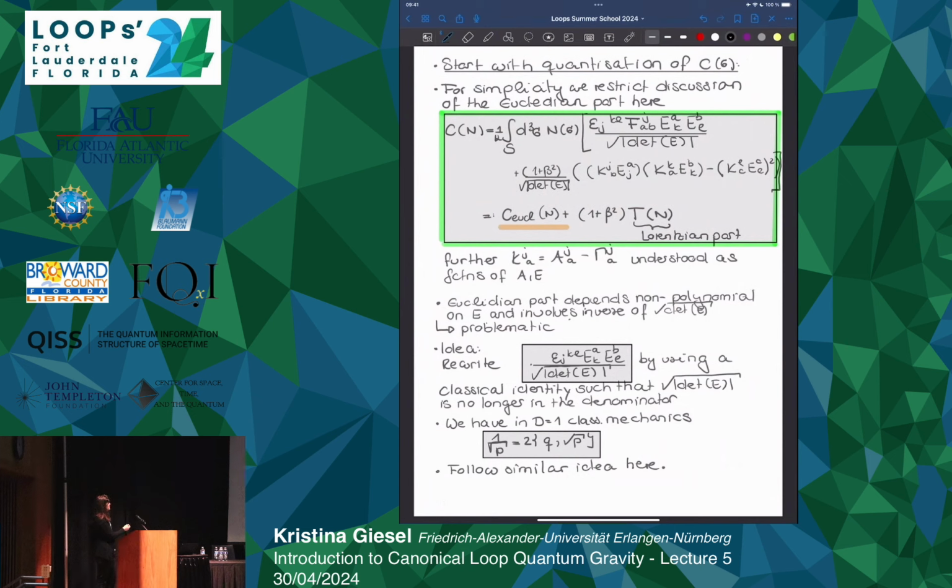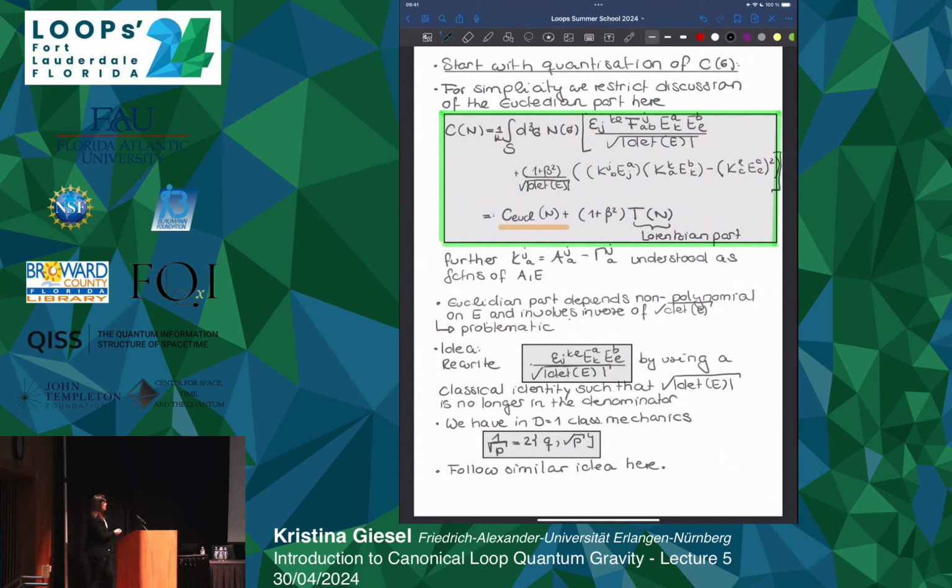And for this lecture, I will basically focus on the first part, because the second part, which is called the Lorentzian part, can be quantized using similar techniques. And therefore, I will just discuss how this first so-called Euclidean part can be quantized, which corresponds to this first fraction here.